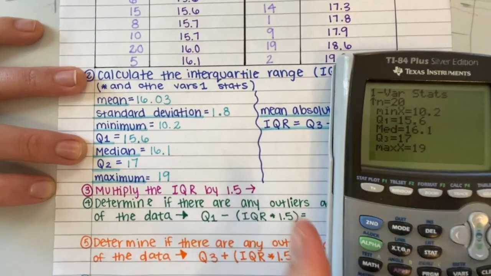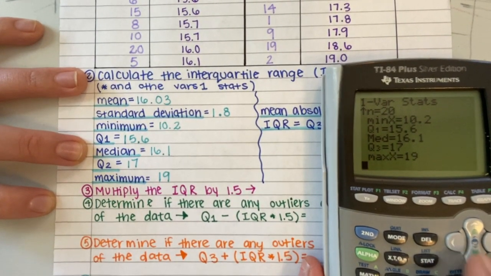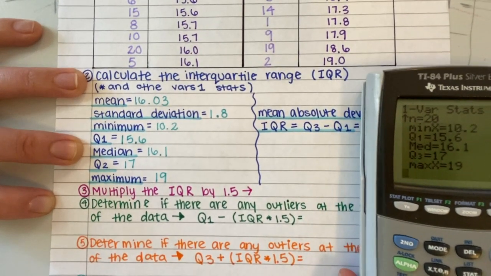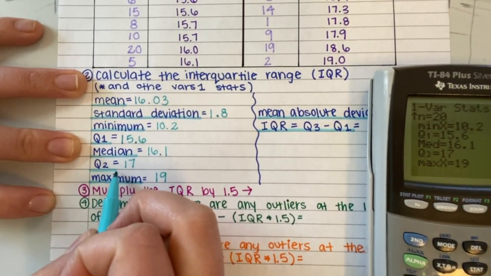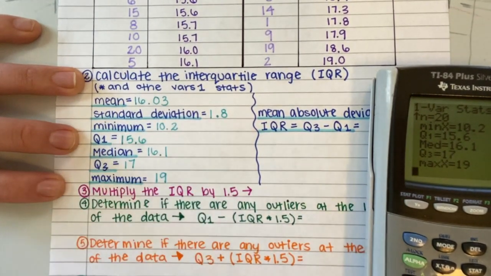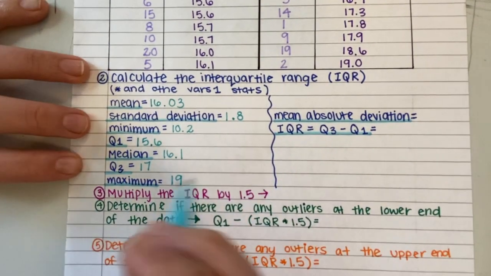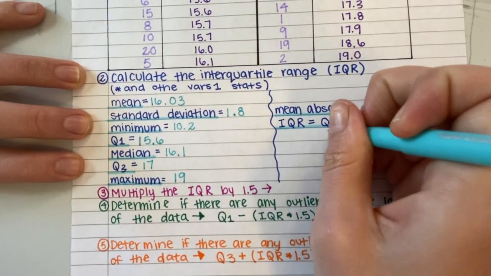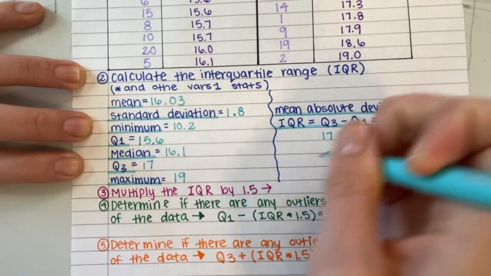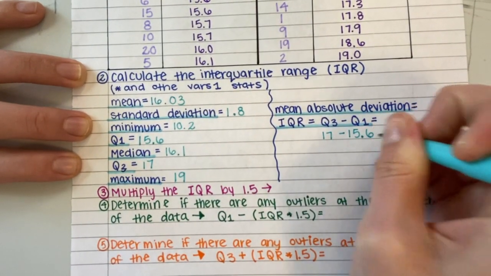What we were not given here was the interquartile range, which can easily be found by just doing our third quartile minus our first quartile. So my third quartile is 17 minus my first quartile, which is 15.6.